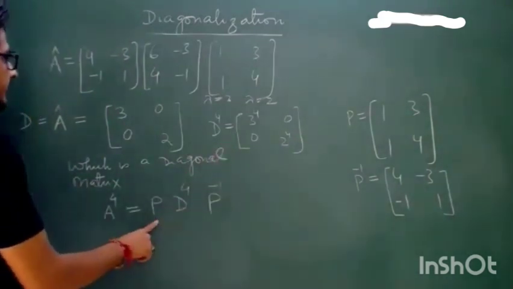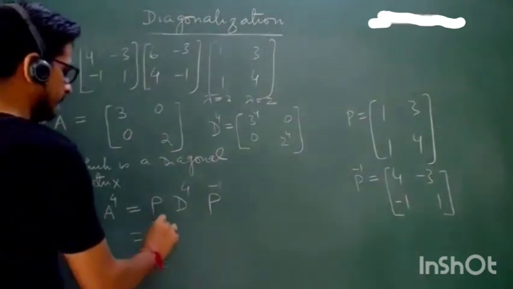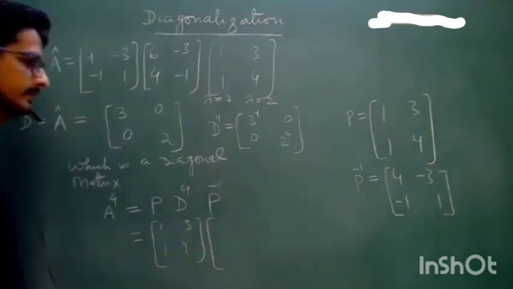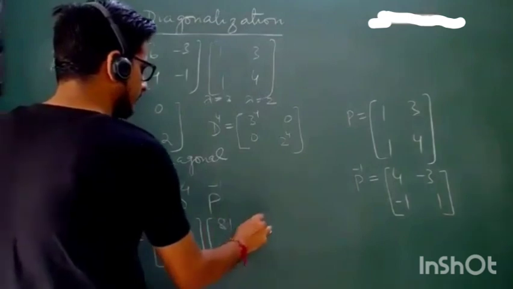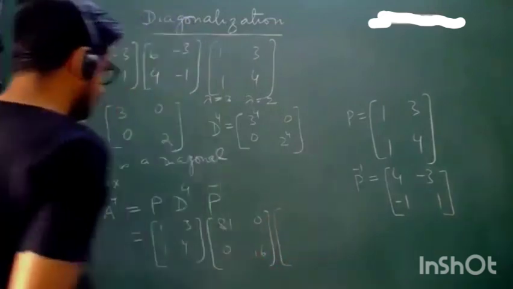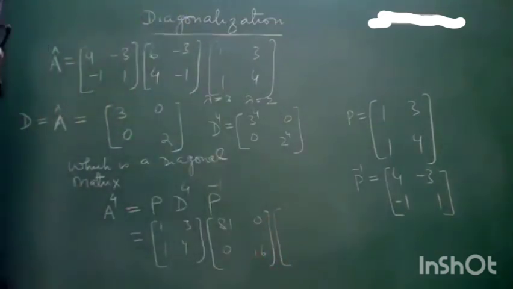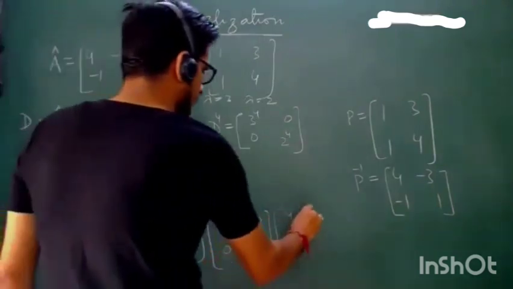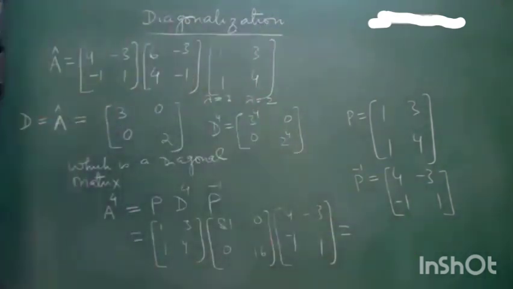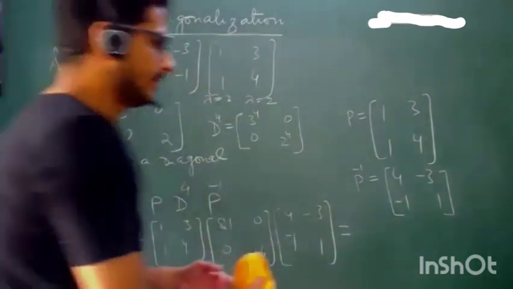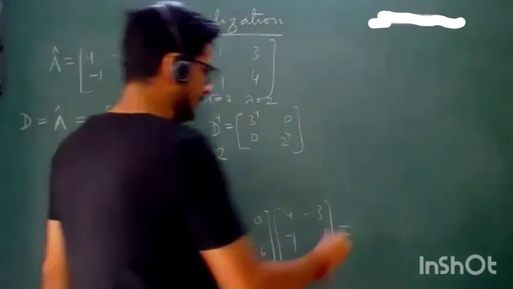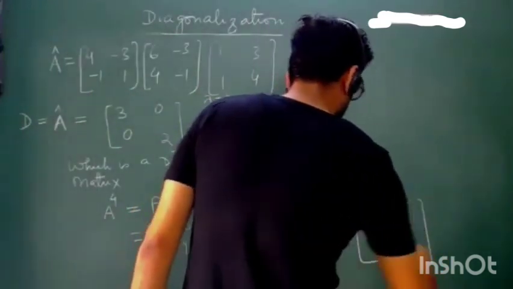You will write P here, which is 1, 3, 1, 4. Then D to the power 4, which is 81, 0, 0, 16. And then P inverse, which is 4 minus 3 minus 1, 1. And tell me the multiplication of this quickly. That will be the value of A to the power 4. Multiply this and tell me the value. This will be a 2 cross 2 matrix like this.